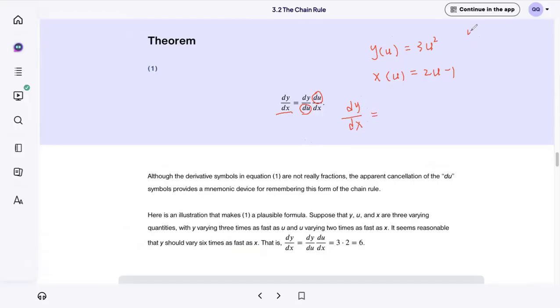So y prime of u equals 6u, x prime of u equals 2. Or you think dy du, just y prime of u. Okay, it's a similar notation. That just equals 6u times 2, which is 12u.